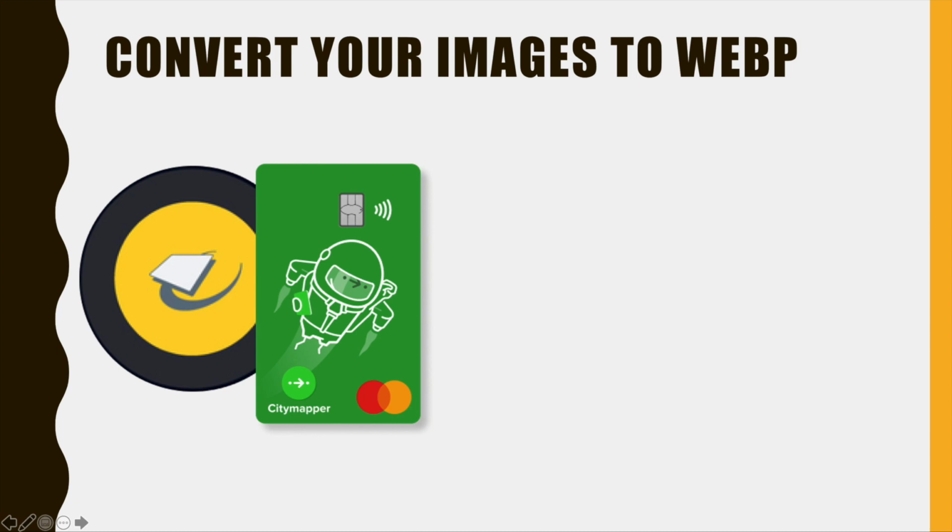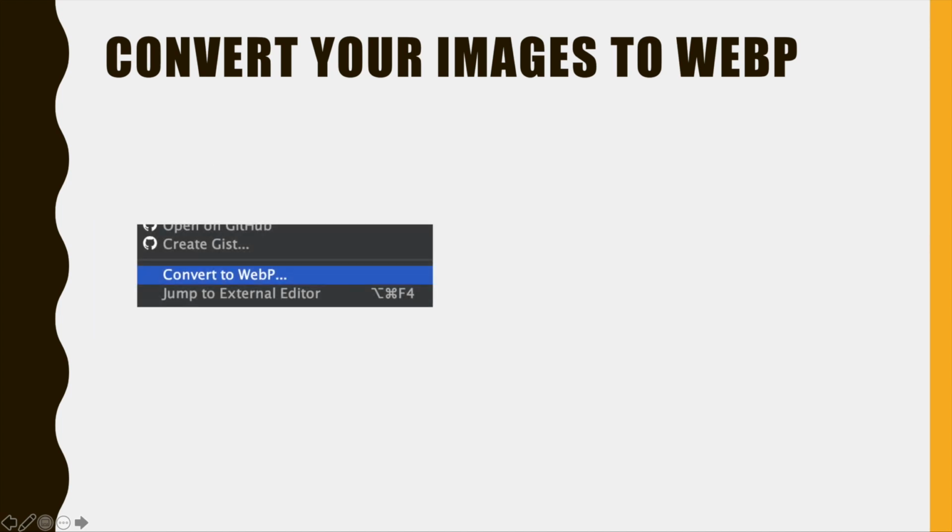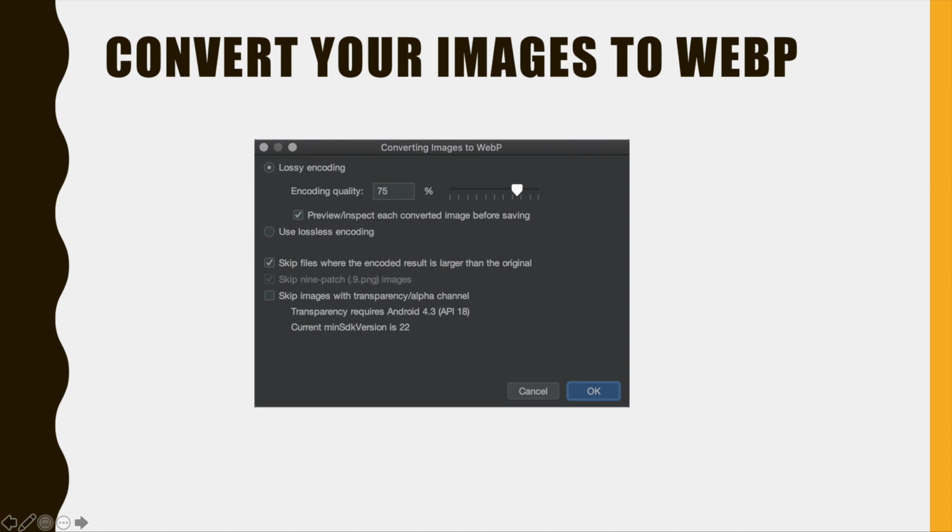For example, take this image we have in the Citymapper app. In PNG, it's a 78 kilobyte image, and in WebP, it would be a 53 kilobyte image. So how to do that? It's really simple. You just right-click on your image in Android Studio and click Convert to WebP. If you use lossless encoding, you just pick lossless encoding and click OK.